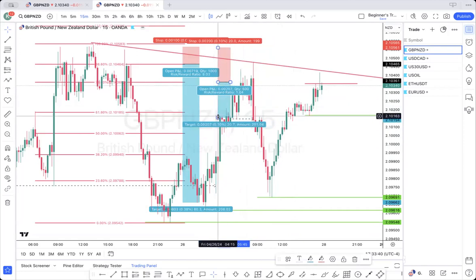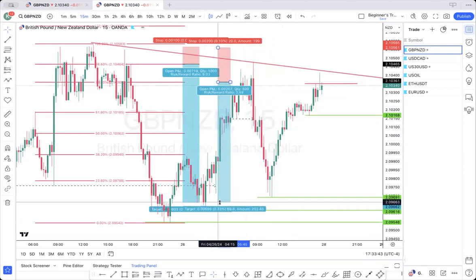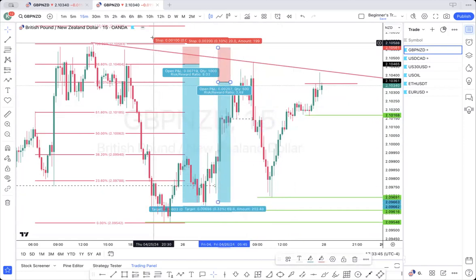But you would rather have a smaller lot size with a 20 pip stop loss versus the larger lot size.